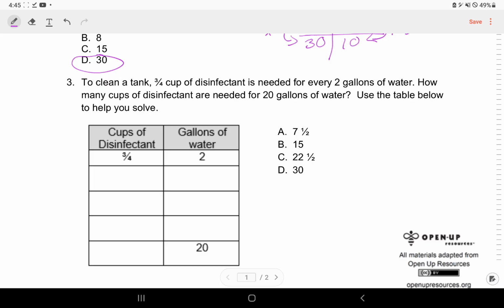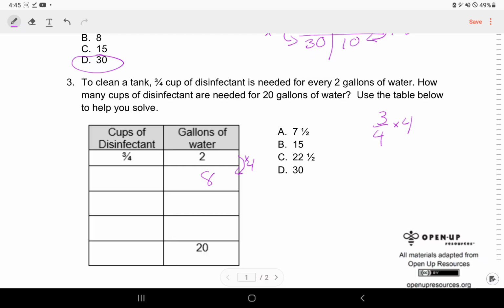And I know a lot of you don't like fractions, but they are really not that bad. So we've got 3/4. If you want to get rid of that fraction, multiply by 4. So multiply by 4 and you get to 8.